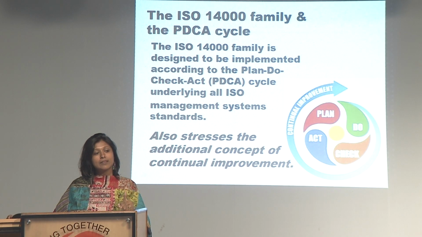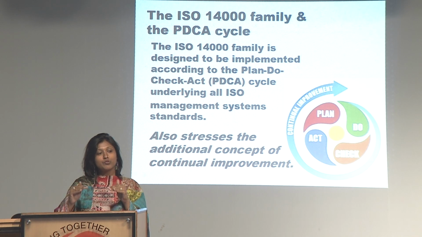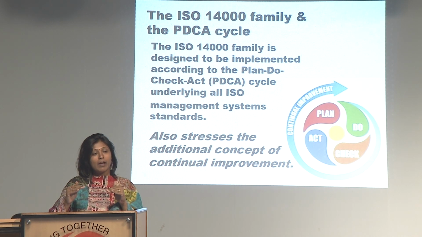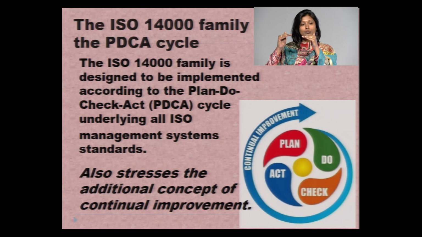Now here I would like to stress the word continual. There is something called continuous, and this is called continual. Continuous improvement is that I am improving, and there is, say, a linear graph which shows this continuous improvement. But continual improvement means I improve myself, I come to a level, then from there I improve further, go to the next step, practice these practices for some time, then have another step of improvement.